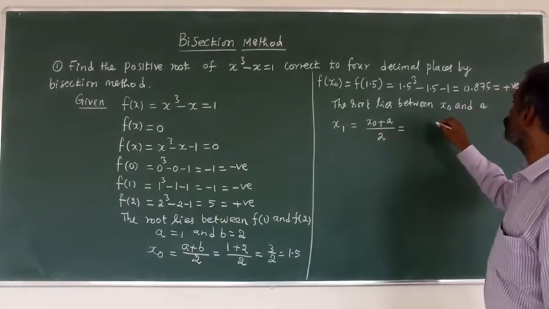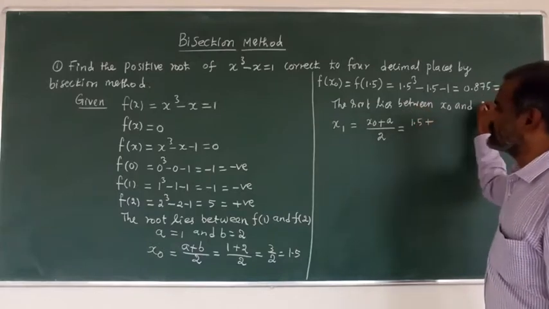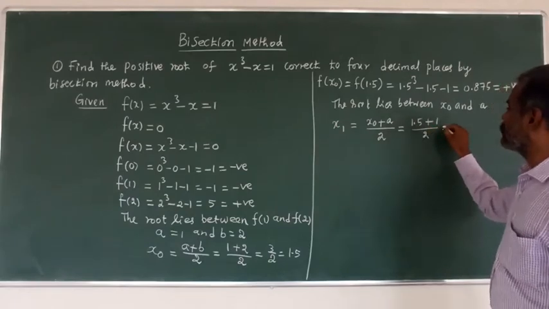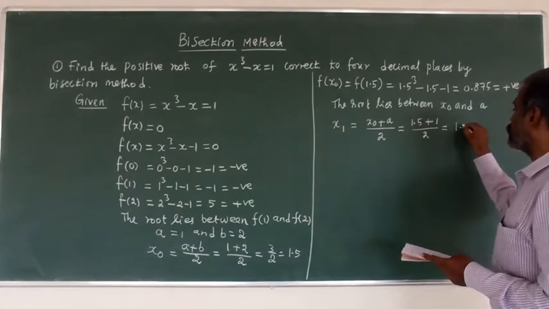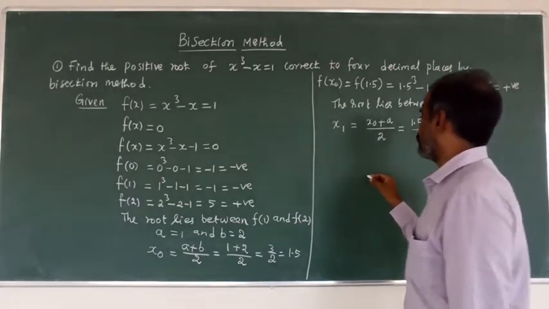X naught value 1.5 plus a value 1 divided by 2. Now the average of these two is 1.25. This is the x1 value.